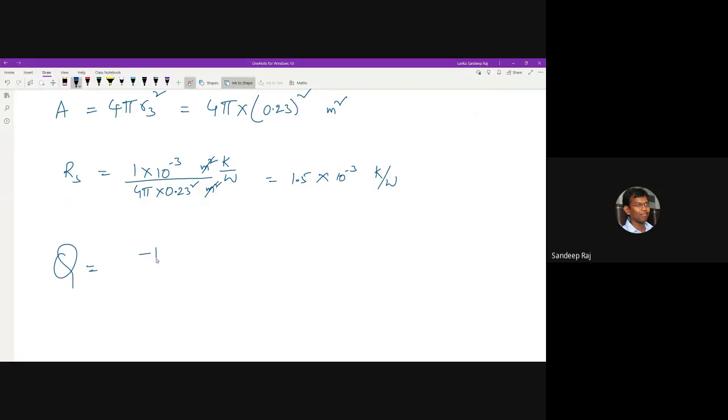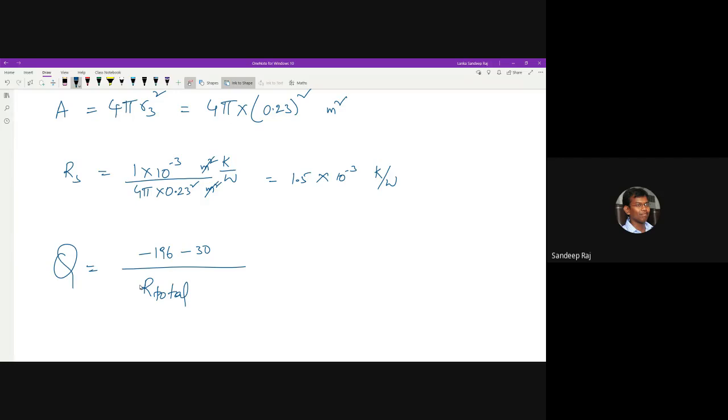The delta T I am writing is minus 196 minus 30. So minus into minus, plus you will get. So by R total you will get, if you do that, you'll get the Q value.